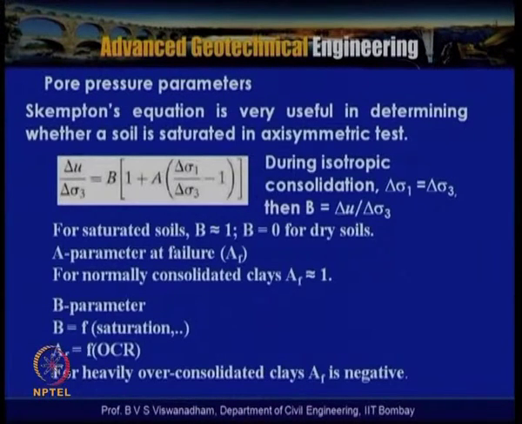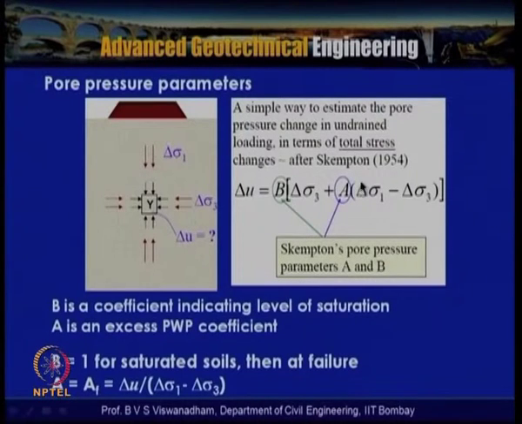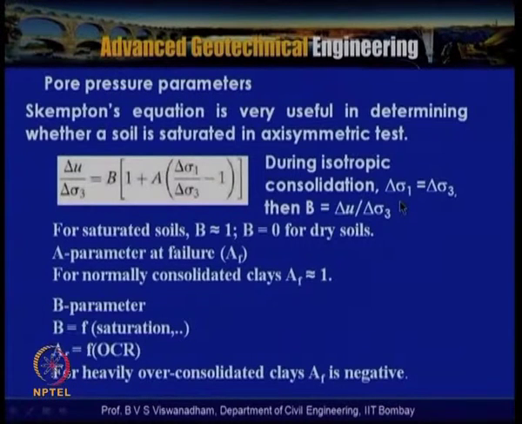Further, we take this equation, delta u is equal to B into the brackets delta sigma 3 plus A into delta sigma 1 minus delta sigma 3. Let us divide this entire Skempton equation by delta sigma 3. What we get is delta u by delta sigma 3 is equal to B into 1 plus A into delta sigma 1 by delta sigma 3 minus 1.